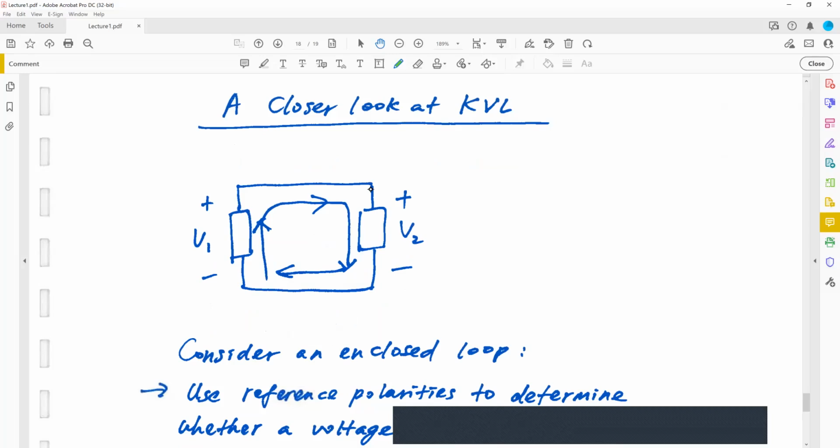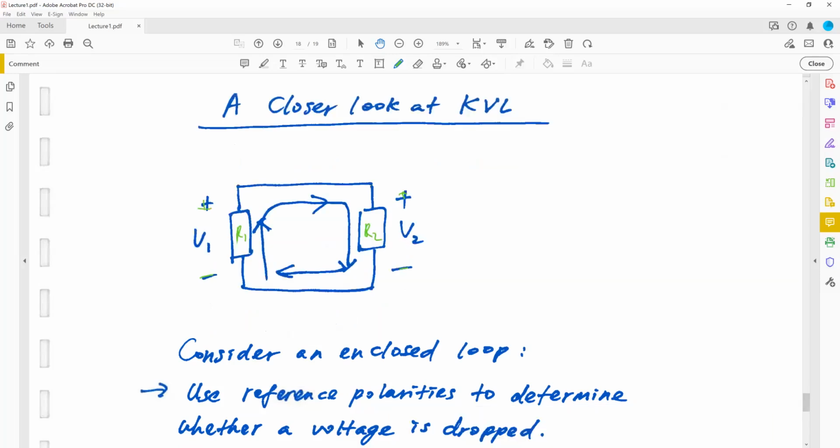Let's say I have R1 here and R2 there. Arbitrarily, I'm going to specify plus here and minus here across R1, and plus here, minus here for R2. I'm going to call this one V1 and this one V2. So now I have this enclosed loop, a closed loop here. That's where this loop concept comes in.